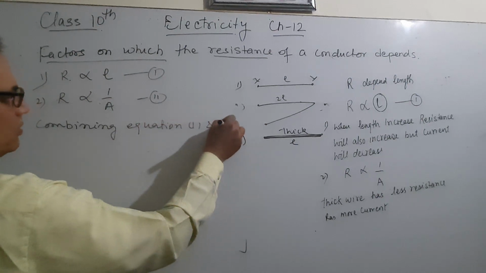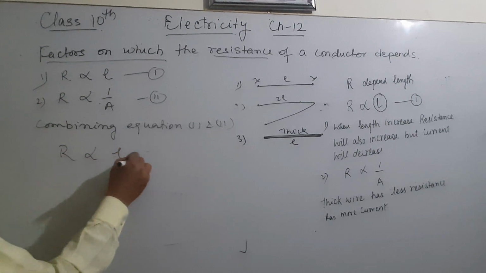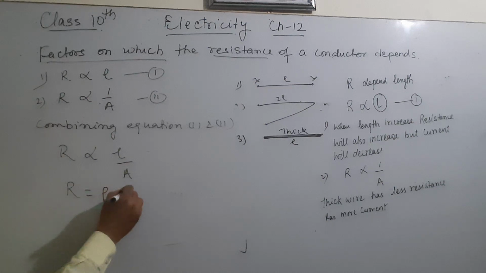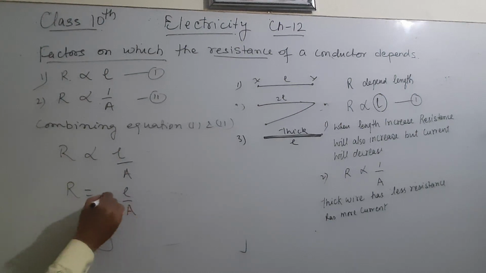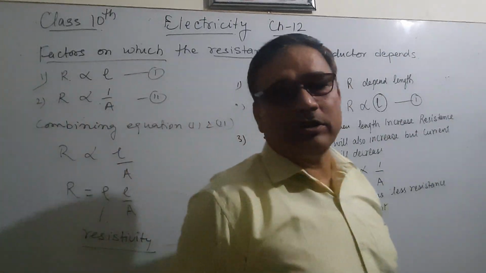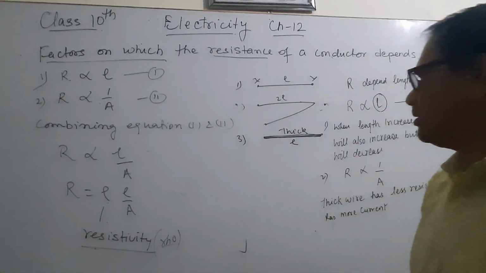Combining 1 and 2, R is proportional to L upon A. R is equal to rho L upon A. This is rho, and this is the resistivity. The symbol of resistivity is rho, R-H-O.